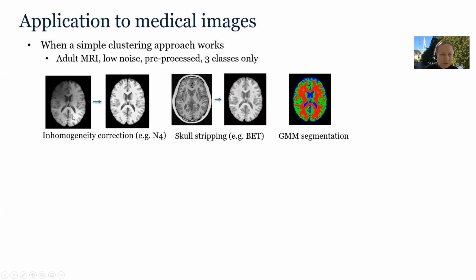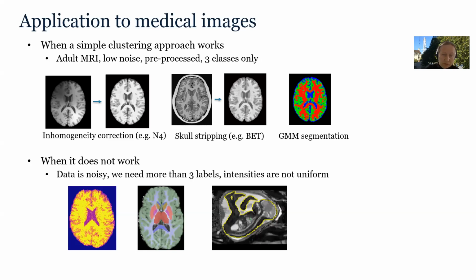And by that, I mean that intensity inhomogeneity has been corrected and the skull has been removed. And also, this is only if we are interested in three classes: white matter, gray matter, and CSF. In this case, Gaussian mixture segmentation performs well, as we have seen, and k-means would also work.